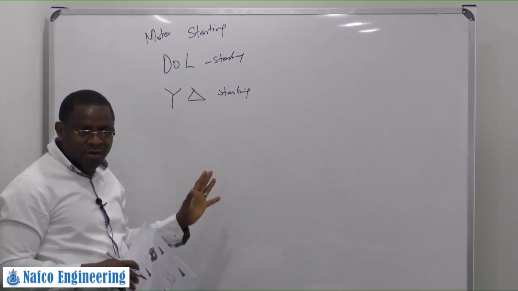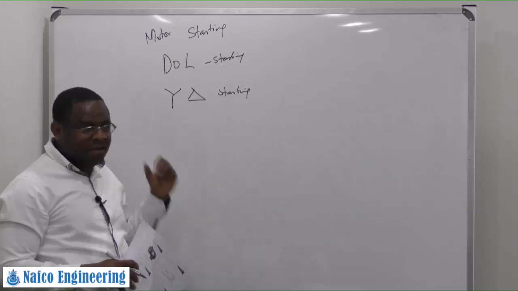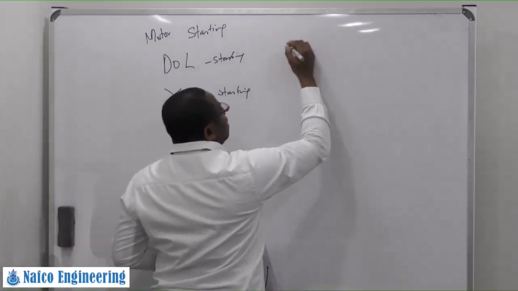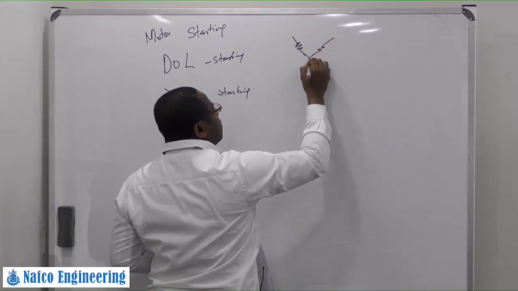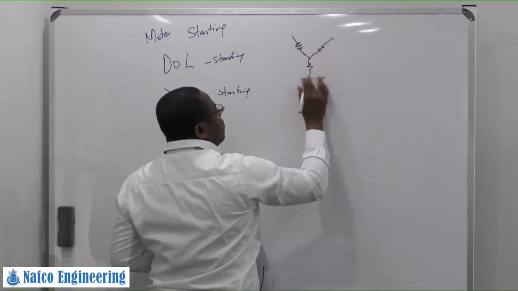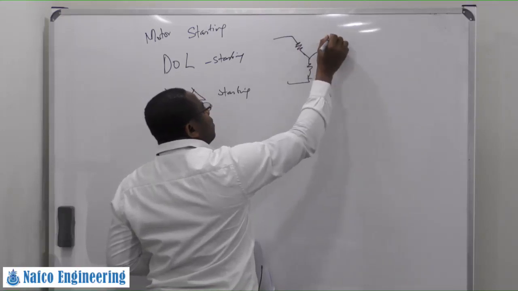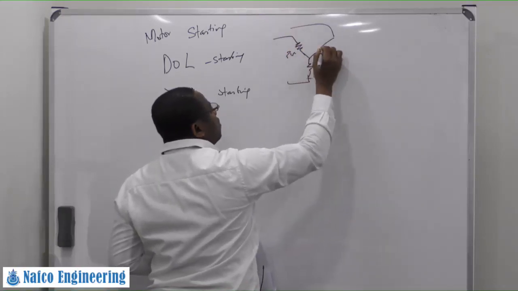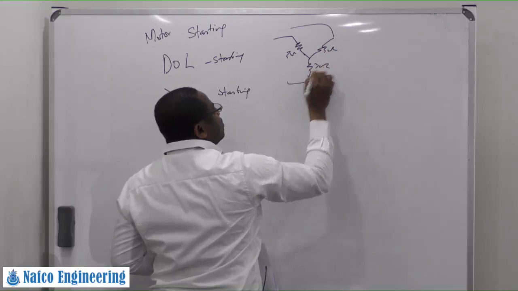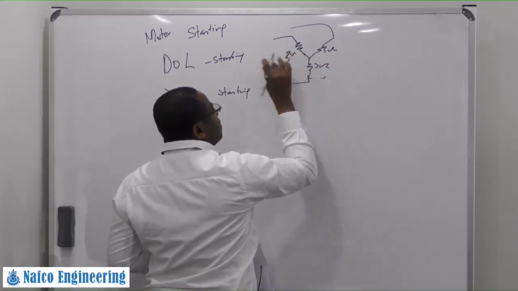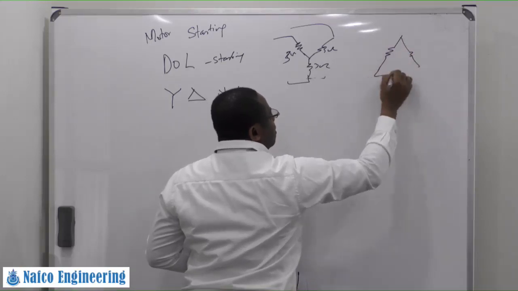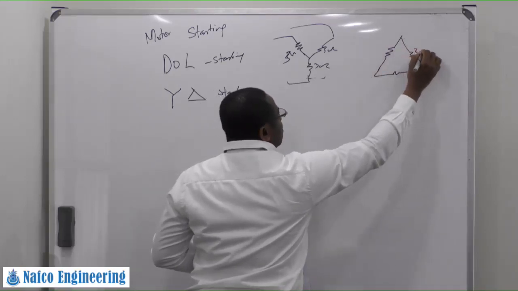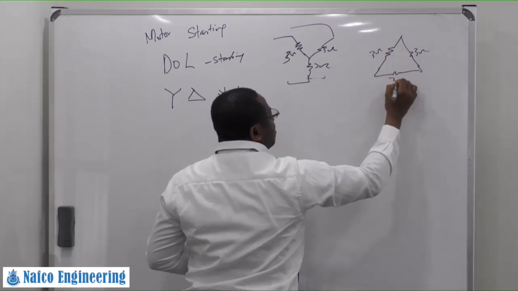the motor in star, and start it first. Look, let's say you have 3 ohms, 3 ohms, 3 ohms. If you connect this in delta, the same 3 ohms in delta, 3 ohms, 3 ohms, what will happen?